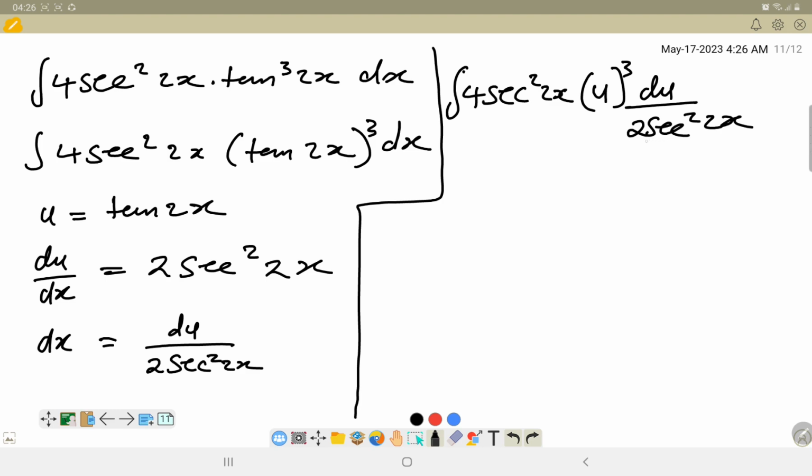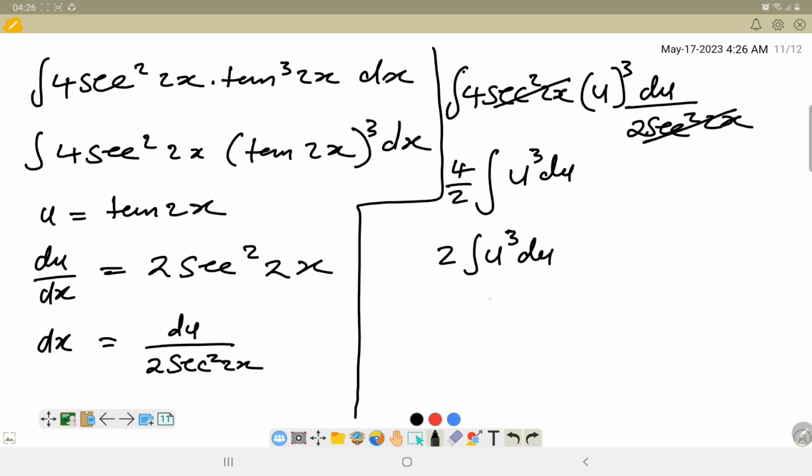Then we can see that sec squared 2x and sec squared 2x will cancel out. Then we can take 4 over 2 outside the integral, and we're left with u to the power 3 du. So 4 over 2 is simply 2 u to the power 3 du.